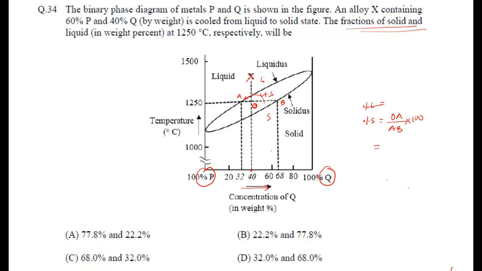So OA will be how much? It is 40. At this point it is 40 minus 32 divided by 68 minus 32 into 100. The answer is in percentage, right? So we will calculate in percentage. So do the calculation.